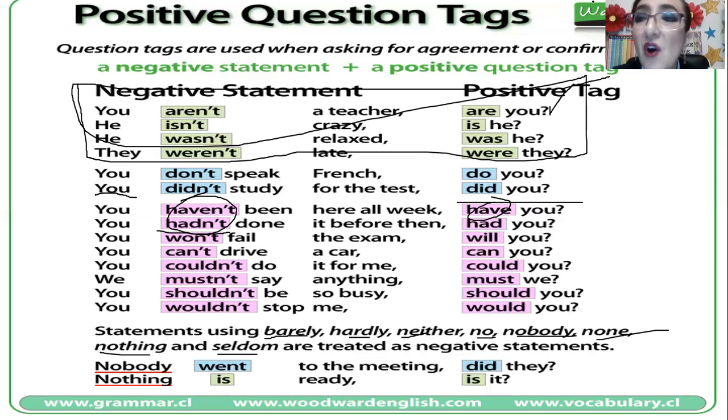If you have all these words, they are going to have a negative feeling, okay? Or a negative meaning.